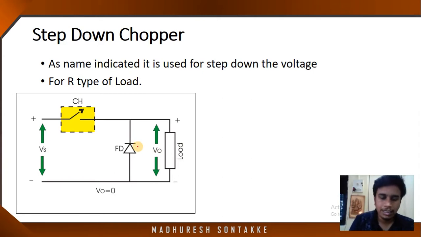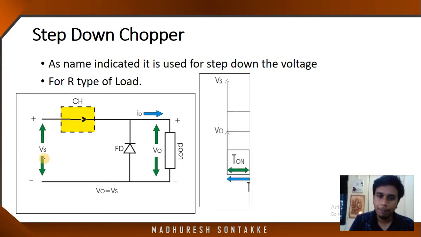Now how the operation goes on: when you close the switch, whatever is the input current starts to flow through the load, and whatever is the input voltage will appear across the load. So this is the input voltage and this is the output voltage across the load.